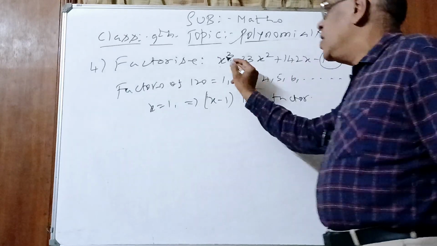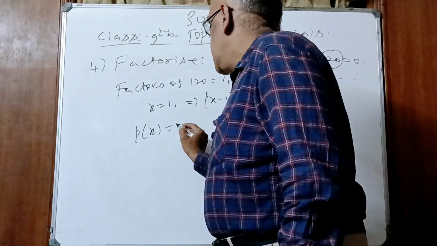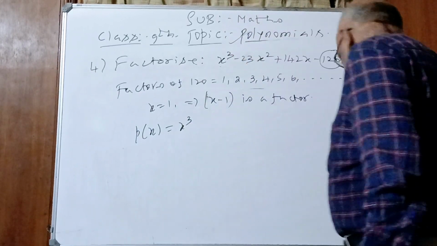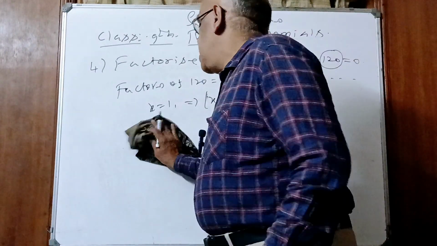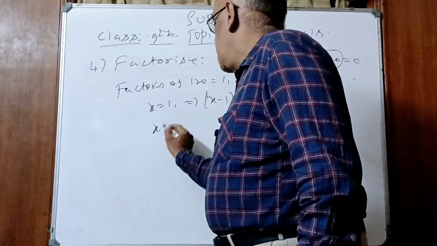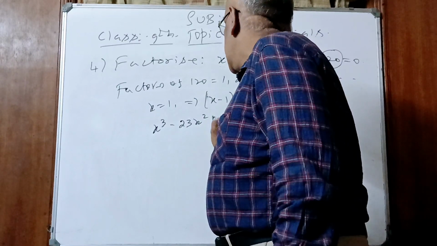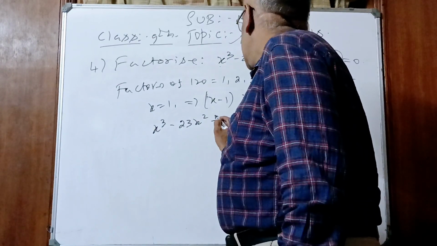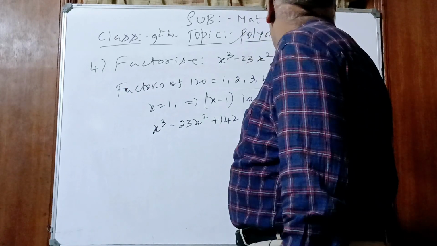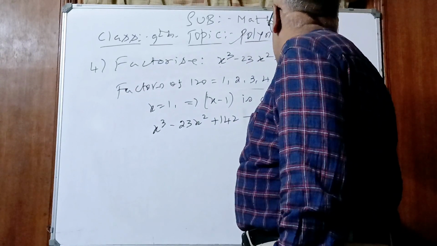Yes or no? Now come to this polynomial. What is that? x cube minus 23x square plus 142x minus 120 is equal to 0.